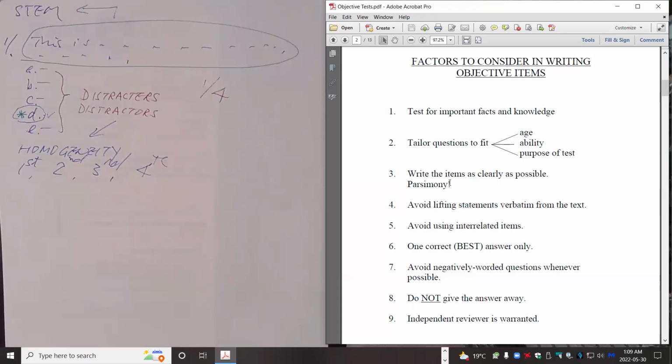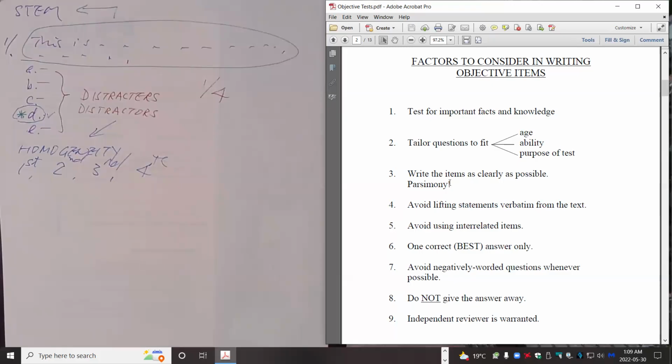So we must heed the notion of parsimony and the KISS principle. Keep things simple. KISS is keep it simple, stupid, is that right? So keep things simple, concise, and to the point.